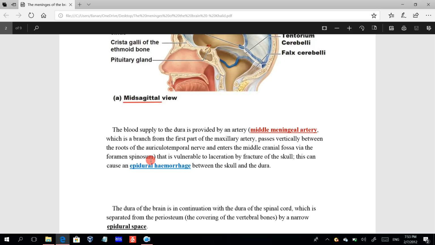Epi means above, or extradural means outside the dura, between the dura and the skull bone. Of course, this is an emergency, and the patient will need an urgent neurosurgical operation to evacuate this hemorrhage.